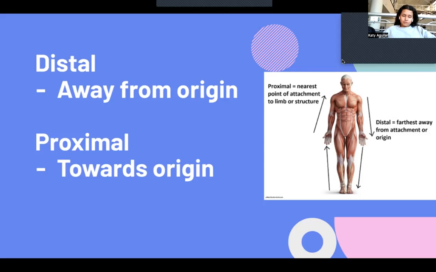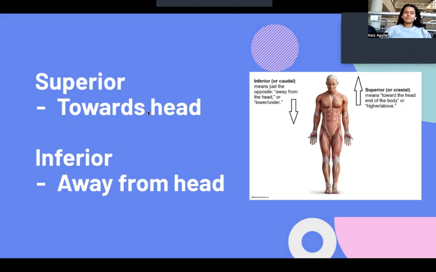Say you want to palpate your rectus femoris distally: you'll start at the top of the thigh and go down instead of going up, so down your leg, towards your knee, basically. Super important to remember that this directional term is based off of the origin of the muscle.